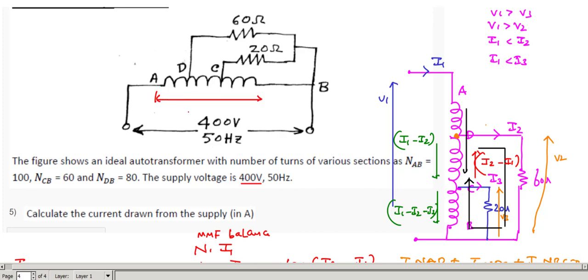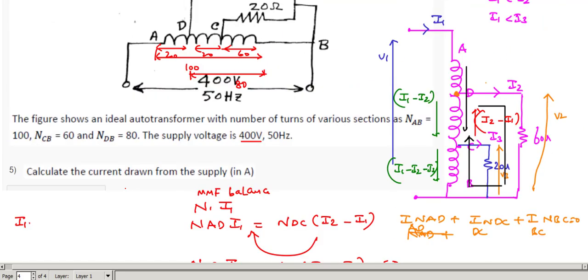100. NAB is 100. NBC is 60. NDB is 80. So if it is 80, this is of 100, so NAD is 20. So this is 20, 60, 80. Okay, so NDC is 20 turns.